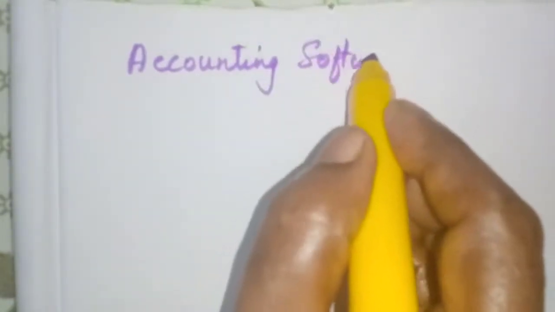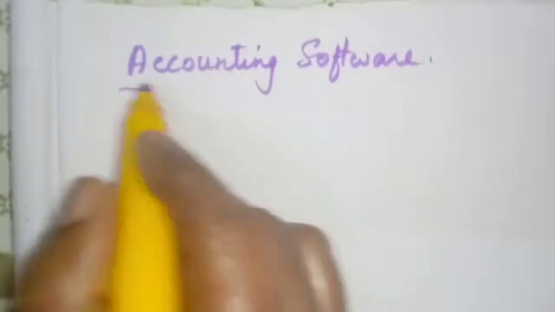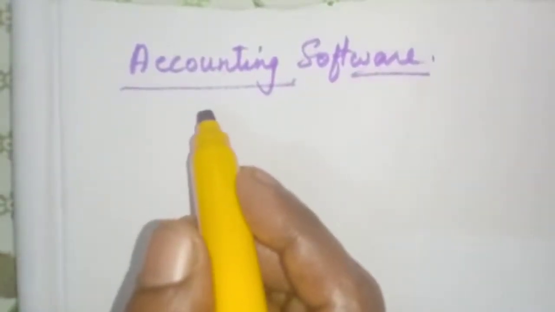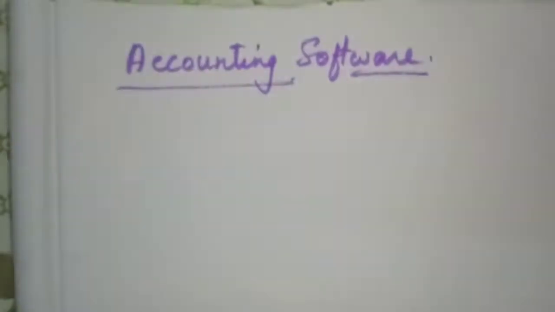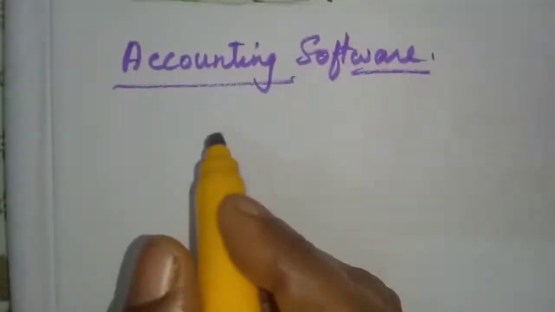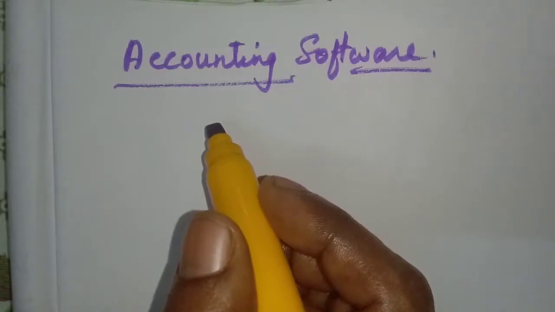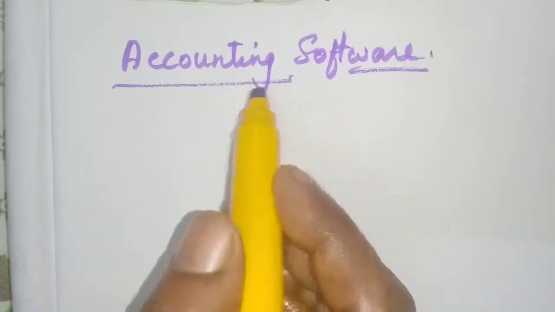What are the software available for accounting? Okay, here many softwares are available as per the company's requirements, the business organization's requirements. There are three softwares available.